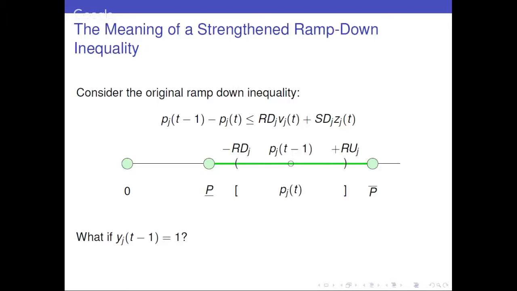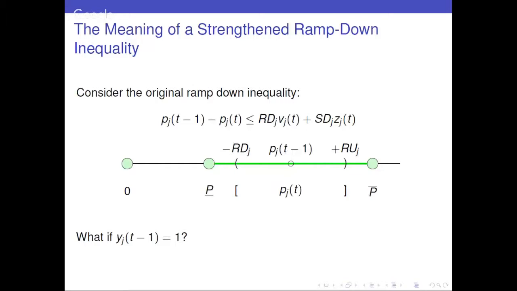So if you think about this, you realize that what you're saying is, well, my P is somewhere between P lower and P upper. Somewhere. And from here, the next level of P can only be at most RD below, because that's this constraint here. So I'm away from the shutdown part at the moment. So that's fine, except this piece is going to kick in at some point.